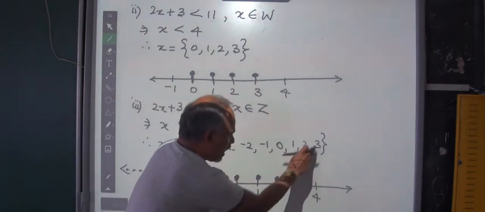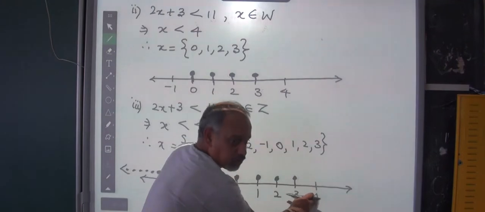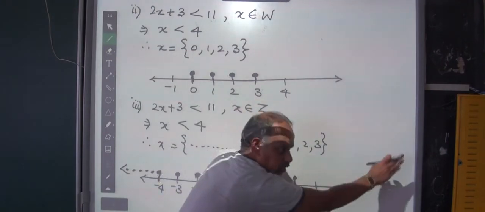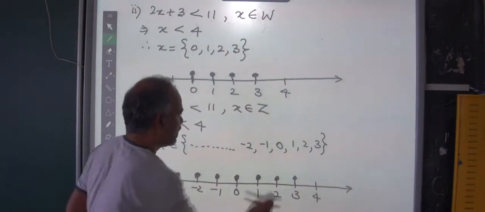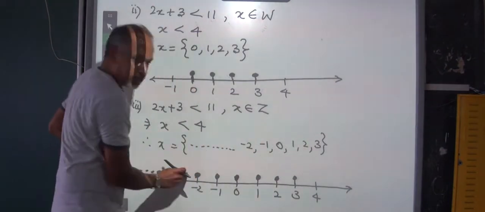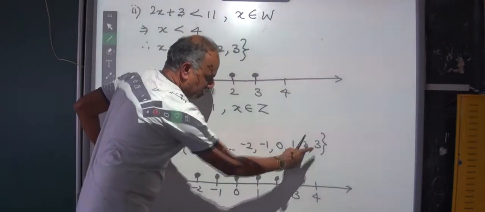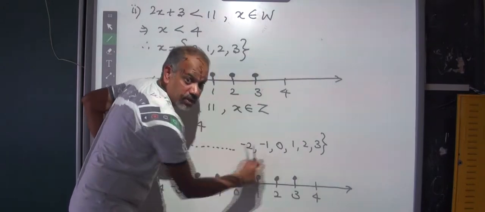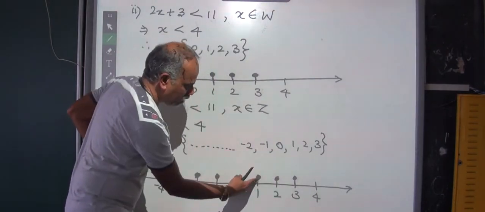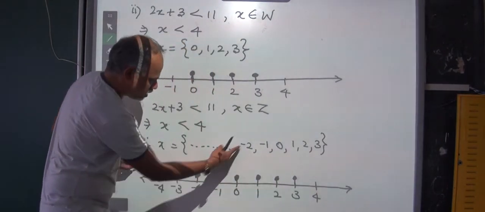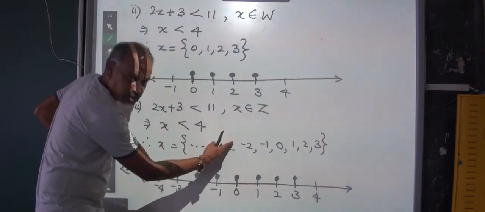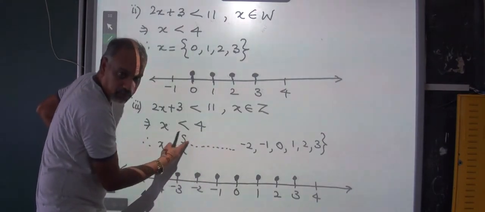Here also, after 3 I put one extra value, that's 4, and the arrow represents that it goes to infinity. Now to represent these values on the number line, you have a 3, so a shaded dot over 3, then 2, 1, 0, -1, -2, -3, -4 are also there up to infinity.